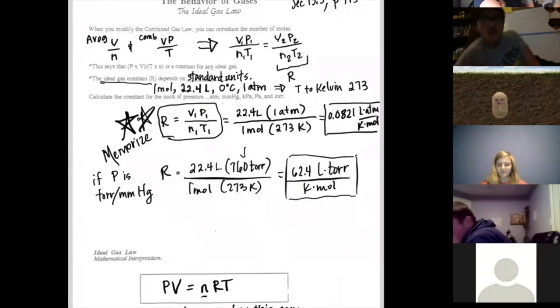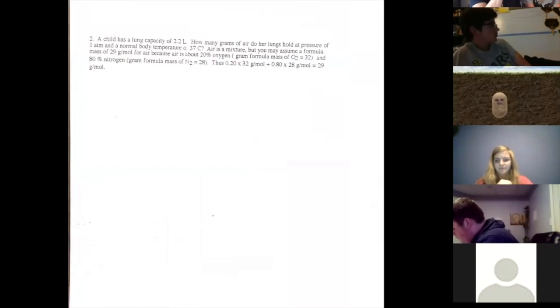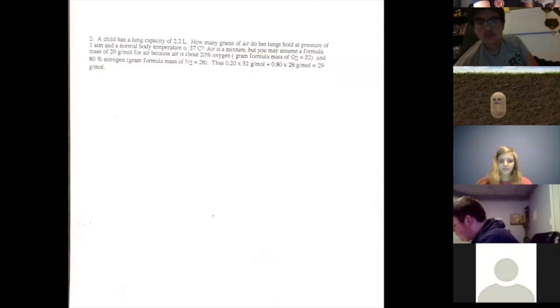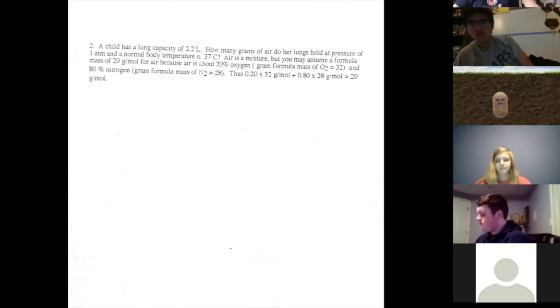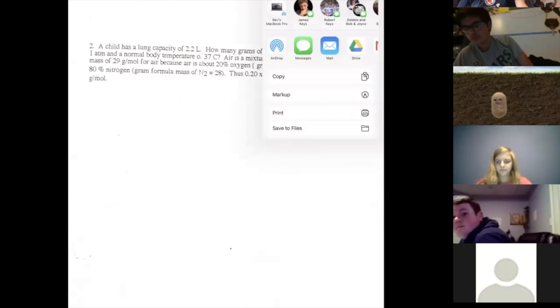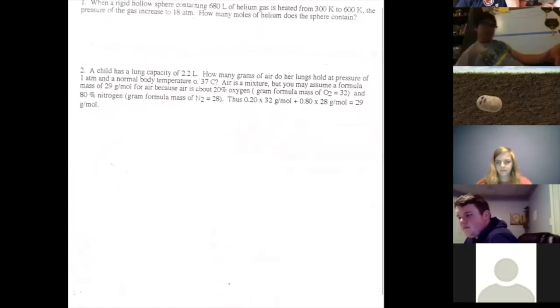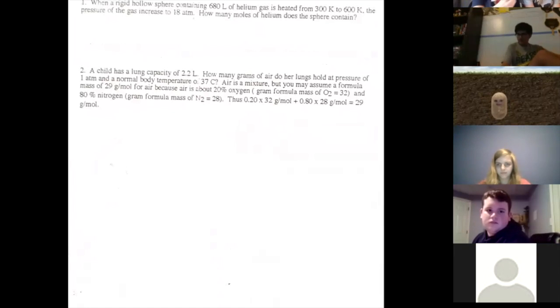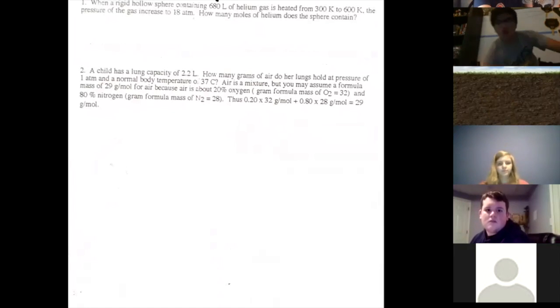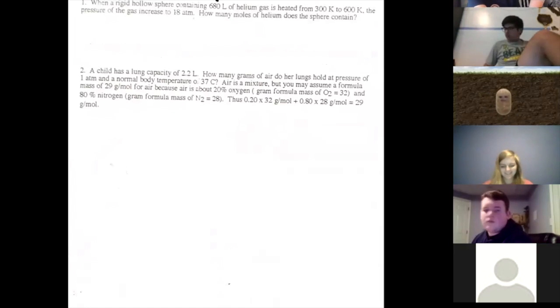Okay, let's flip to the next page, and there's a couple problems we can try here. So the question says, when a rigid hollow sphere containing 600 liters of helium gas, so here's our volume, is heated from 300 Kelvin to 600 Kelvin.